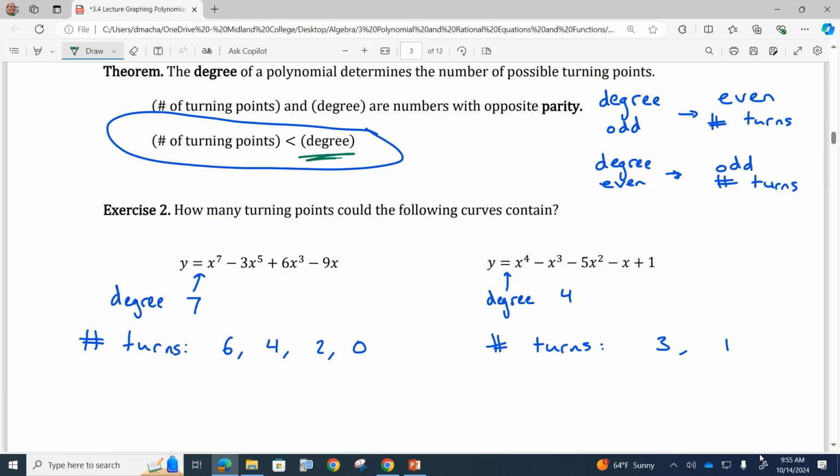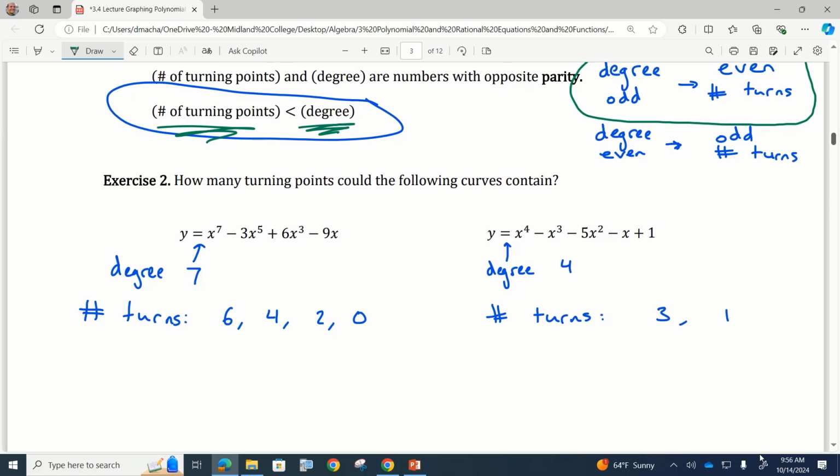Okay? The degree of your polynomial has to be greater than the number of turning points. So if I've got 2 turning points, my degree has to be at least 3, right? It could be 3 or 5 or 7, because the degree has to be odd if I have an even number of turning points. And if I have 2 turning points, I have an odd degree, and it has to be larger than 2.